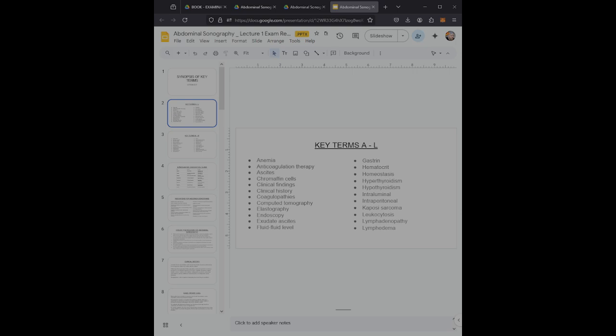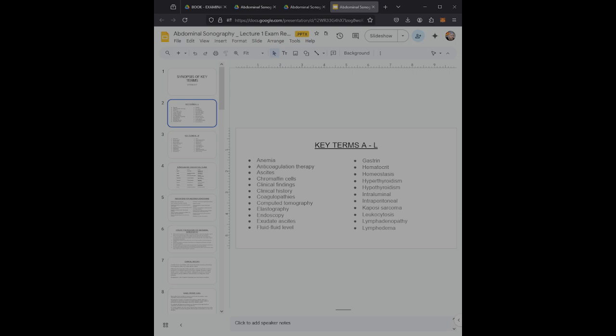And then clinical history, these are the patient's signs and symptoms, pertinent illnesses, past surgeries, laboratory findings, as well as results of other diagnostic testing. Coagulopathies, these are disorders that result from the body's inability to form blood clots. Computed tomography is an imaging modality, uses cross-sectional images of the body.